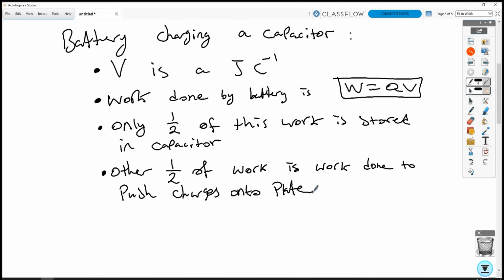And as the capacitor builds more and more potential difference, it's pushing back onto that battery. So for that battery to continue to push charges onto the plates of the capacitor, it has to do work against the potential difference of the capacitor, which is facing the opposite way. So work is done against that potential difference, and then the remaining potential difference can be used to place those charges on the plate.